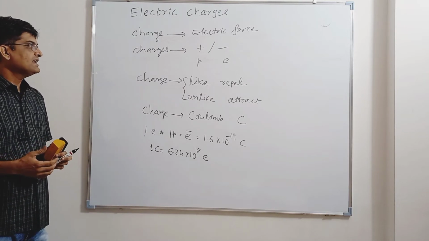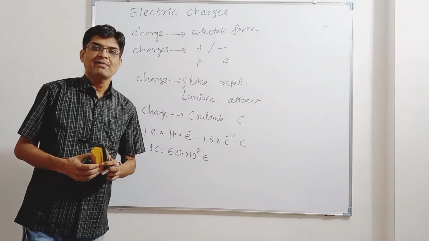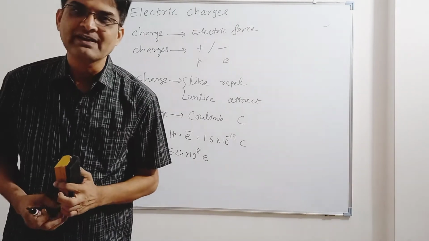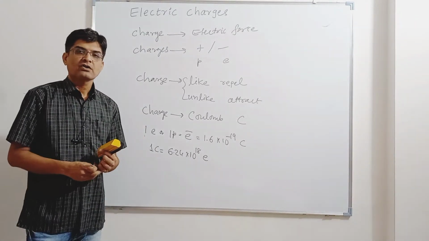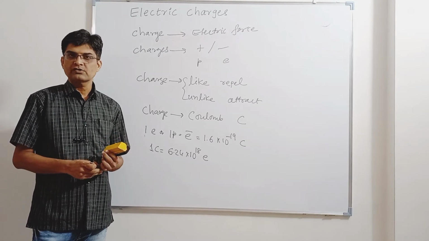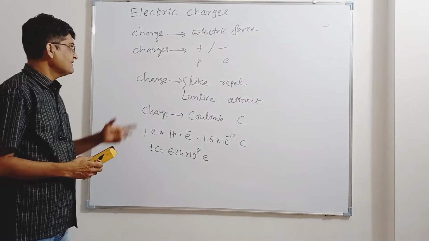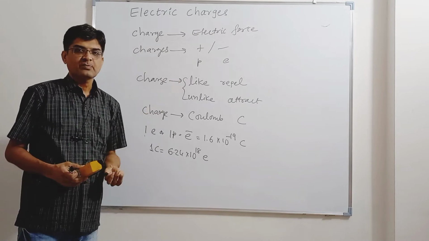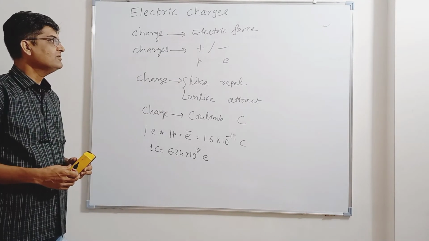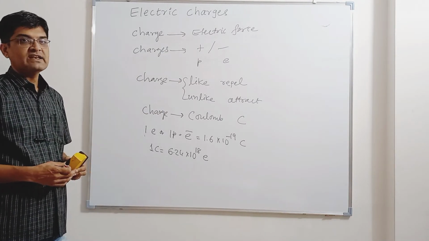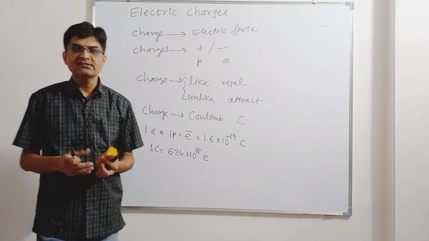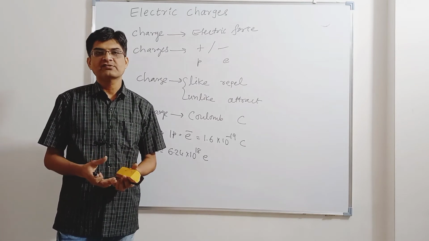So we know about electric charge. It is the property of matter because of which there is a strong force of attraction between proton and electron, or a strong force of repulsion between two protons or two electrons. There are two different types of charges, positive and negative. Protons are positive, electrons are considered negative. When a body loses electrons, it is said to be positively charged.